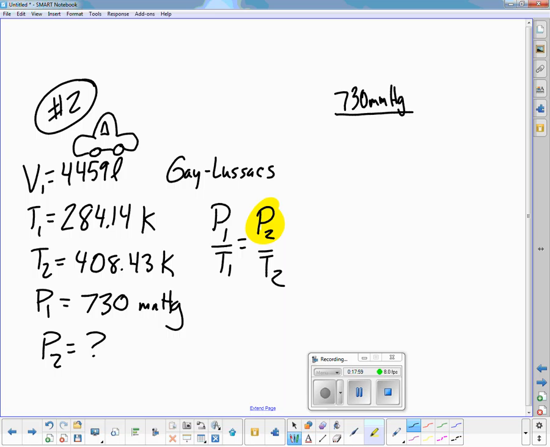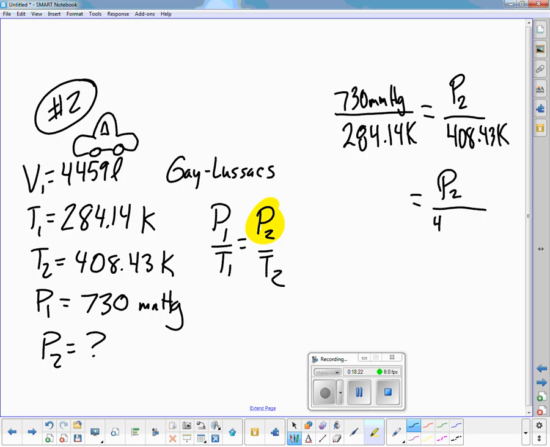Okay? So here's your first temperature, and it's equal to P2 divided by your second temperature. Now go ahead and divide this through. Somebody give me an answer there. You can take it step by step. So this is number 2 on your daily work, day 1.